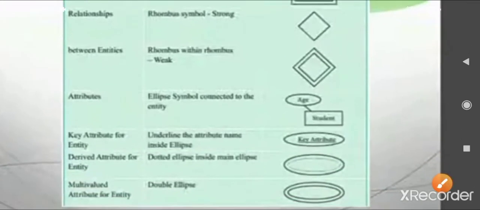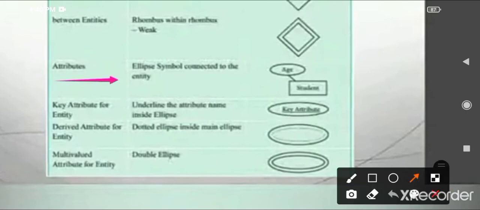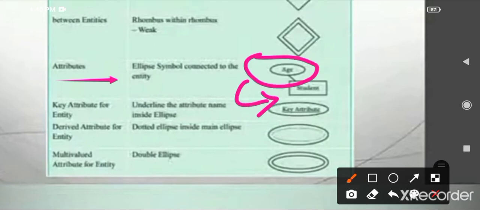The next one is attributes. Here we draw a simple ellipse connected to the entity symbol. A single ellipse should be connected to the entity; the entity name here is student. Can you understand?